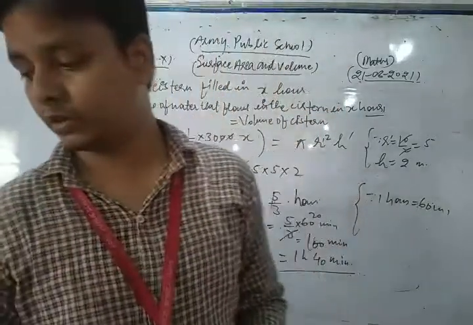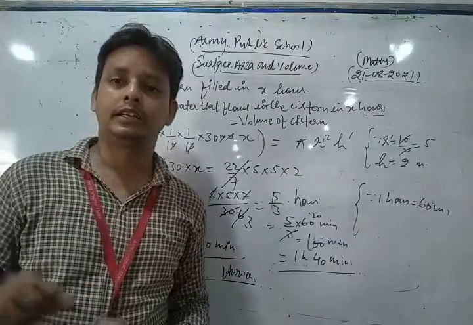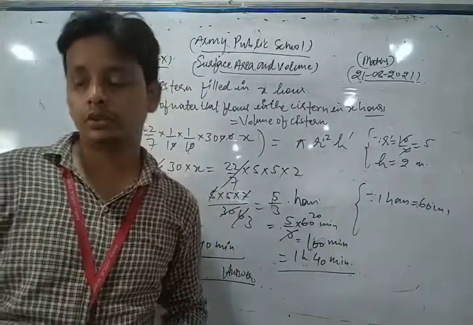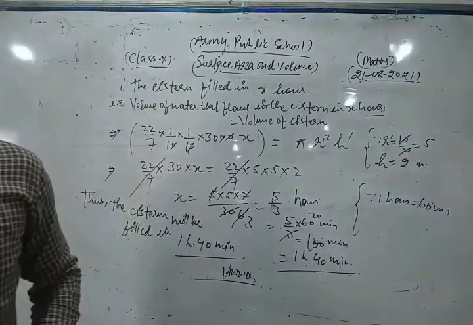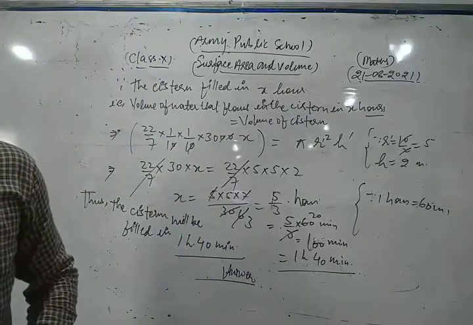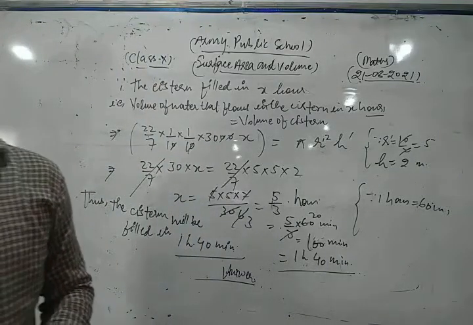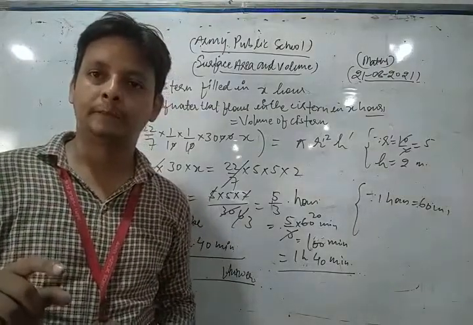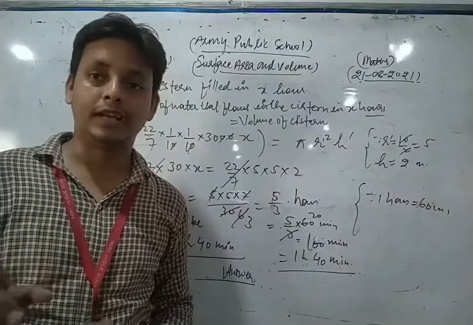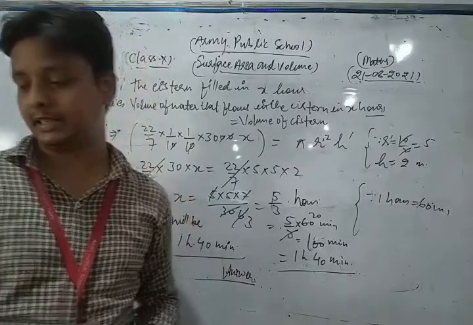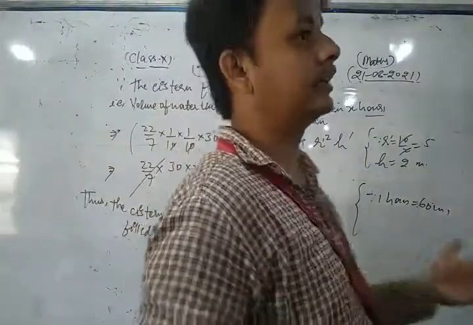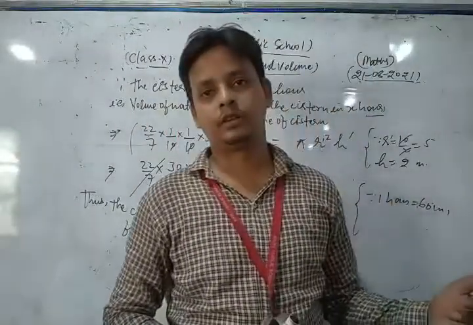First of all, we take that the cistern will be filled in x hours. So the length of the water column that flows into the cistern in x hours is 3000 meters per hour into x hours.